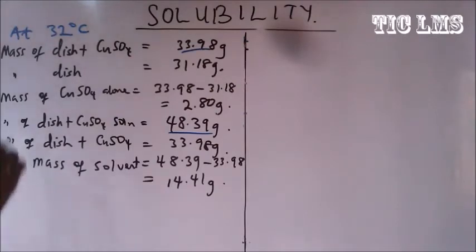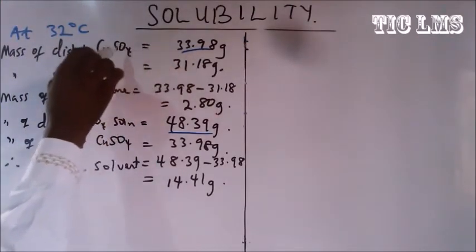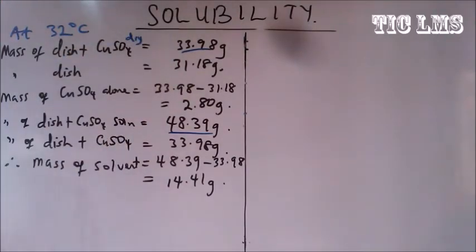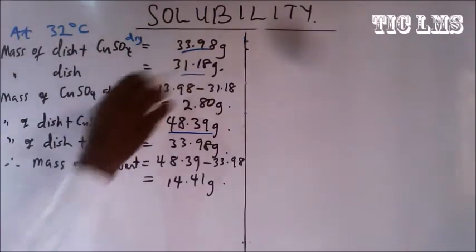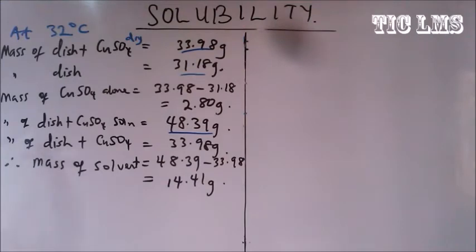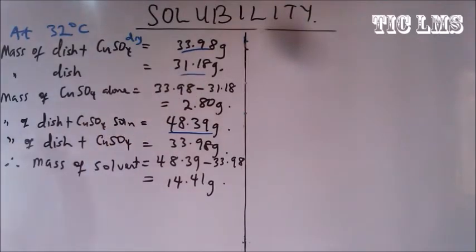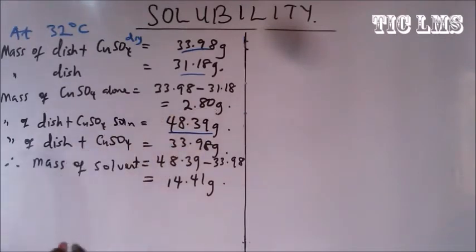So first is that the mass of dish plus dry CuSO4 is 33.98 gram. And for the dish, we're given 31.18 gram. So for us to get the mass of the CuSO4 alone, we will subtract 31.18 from 33.98, and that gives 2.80 gram as the mass of the solid copper(II) sulfate.